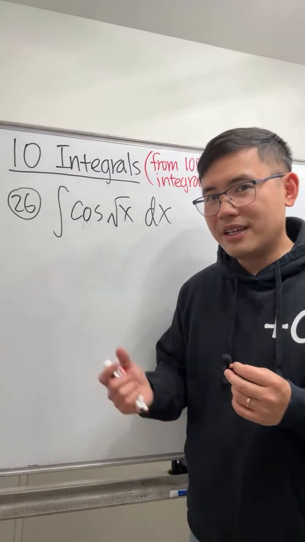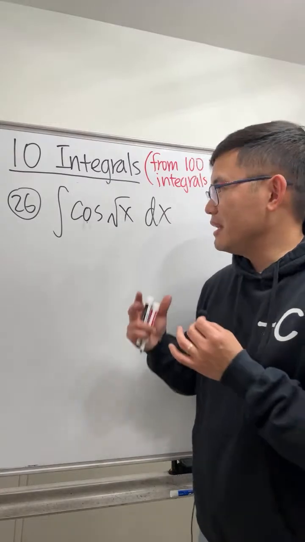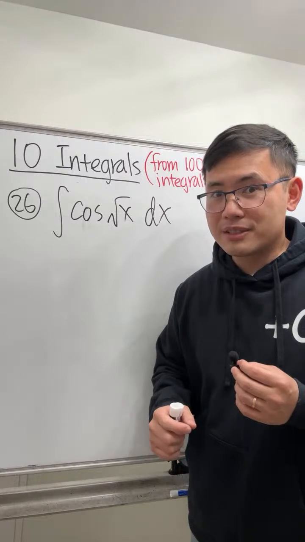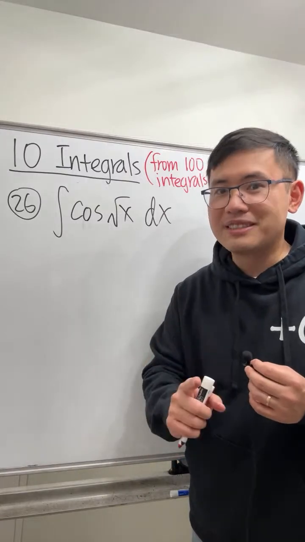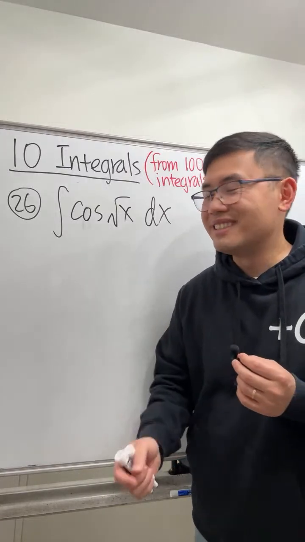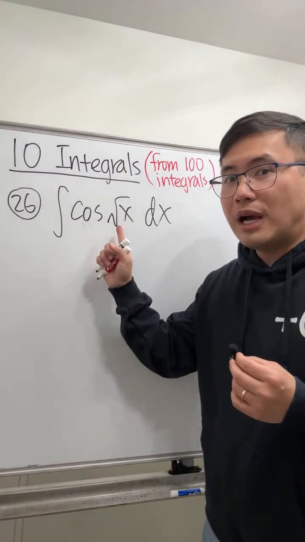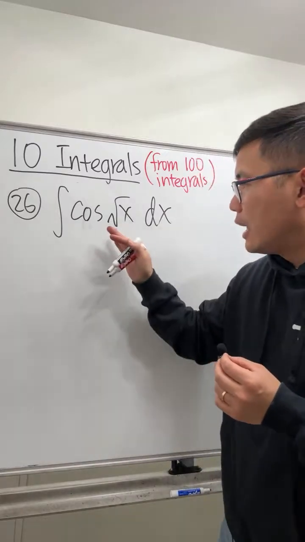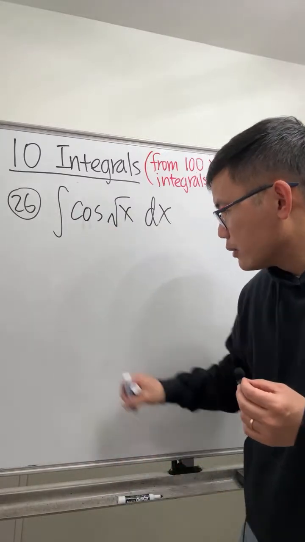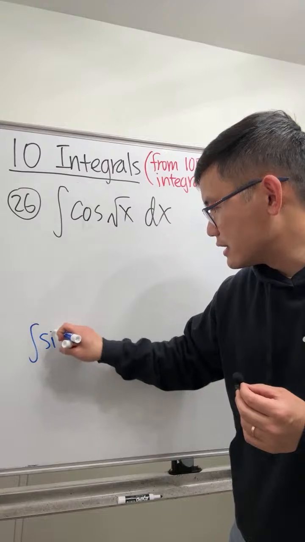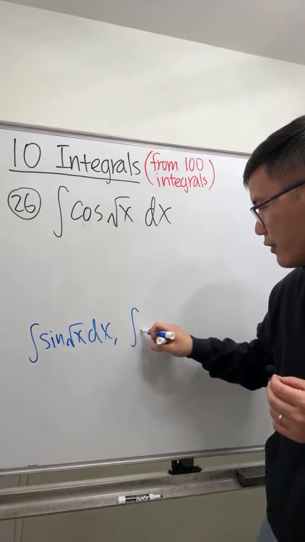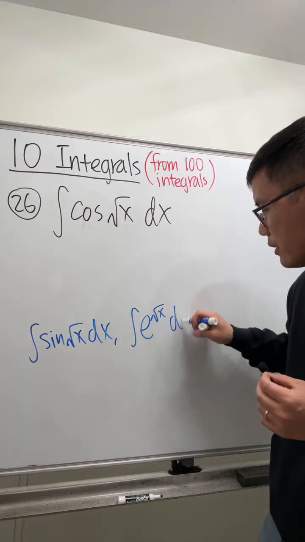For this one, again, it's a pretty standard calculus 2 integral. You have to use integration by parts. But before that, yes, you have to do a u-substitution, right? Whenever you have a square root inside of the sine or cosine functions or e to the x, I will tell you this one, and also similar questions, integral of sine square root of x dx, and also integral of e to the square root of x power.